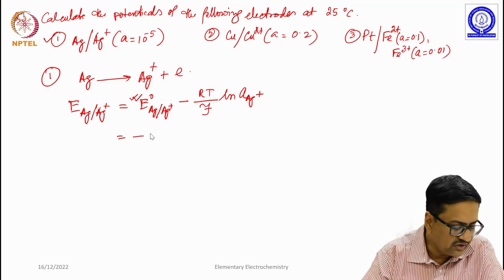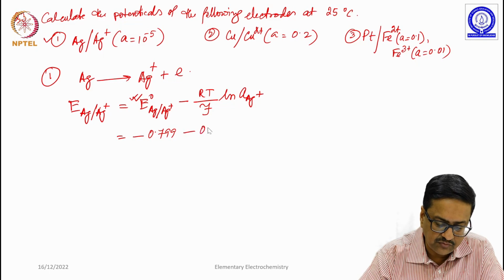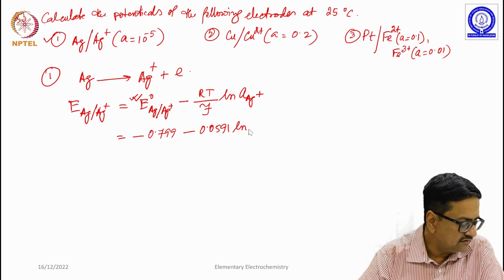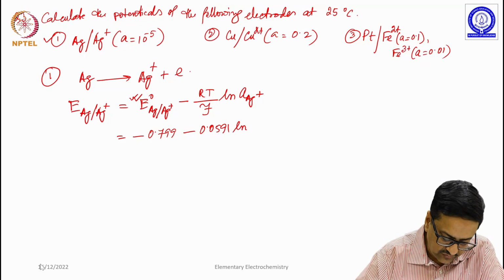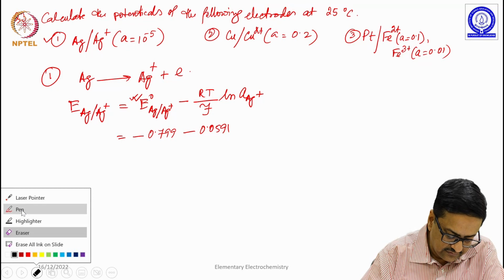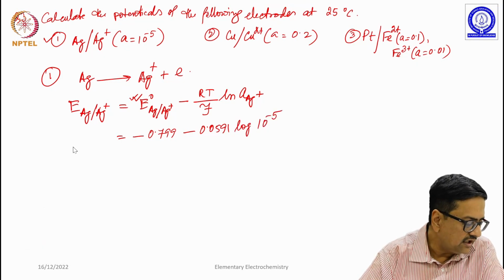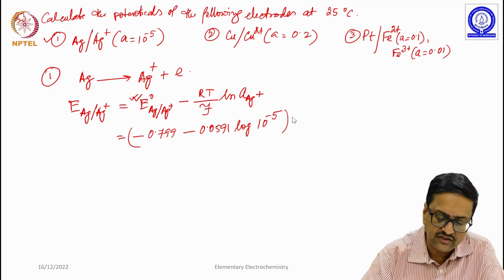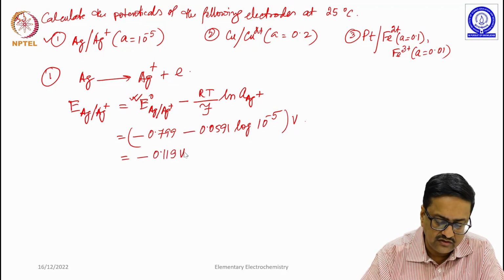We found it to be 0.799 volts minus 0.0591 log 10 to the power minus 5, and the unit is the volt. So once you do this, you should get it as 0.119 volt.